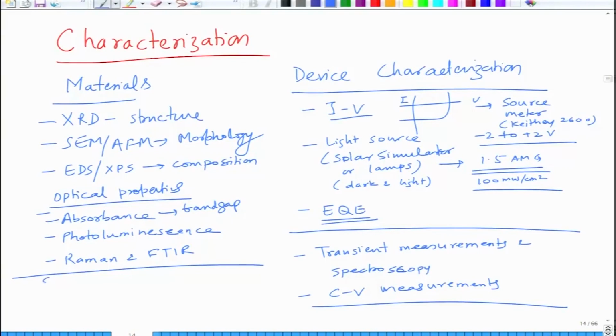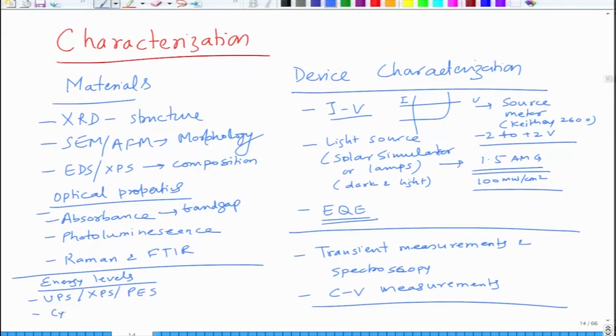If you want to measure the energy levels, then one needs to do UPS or XPS kind of measurements. So, photoelectron spectroscopy, PES, these measurements are useful for measuring the energy levels.